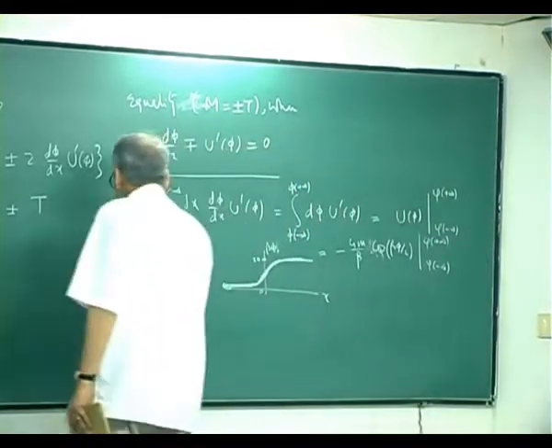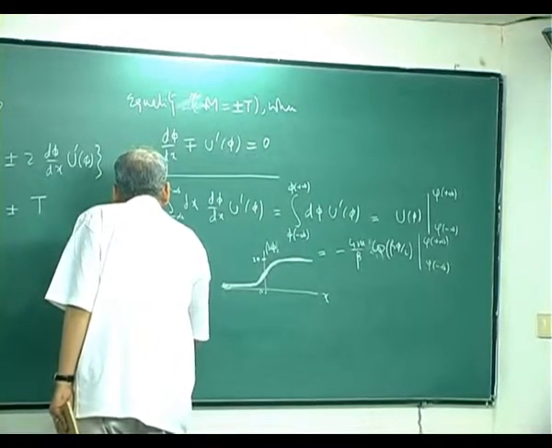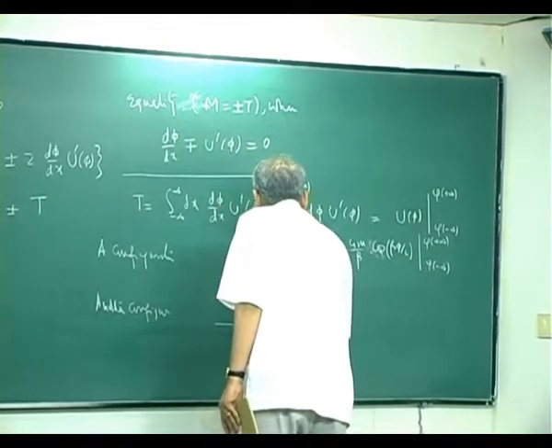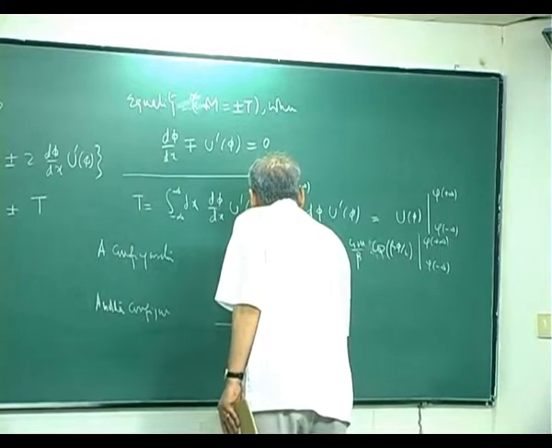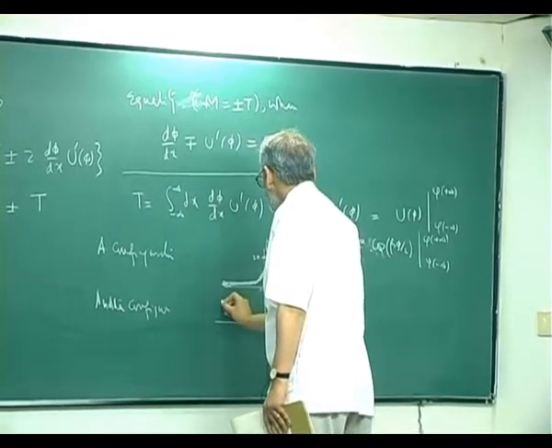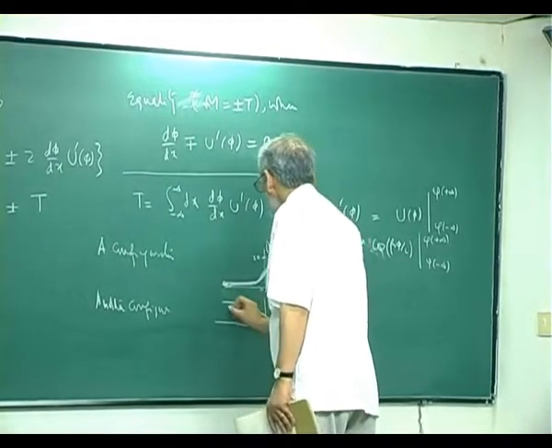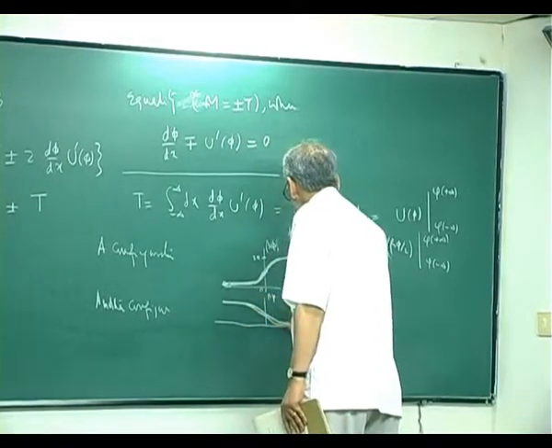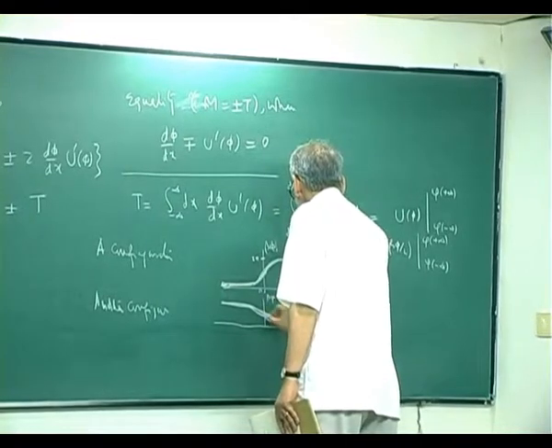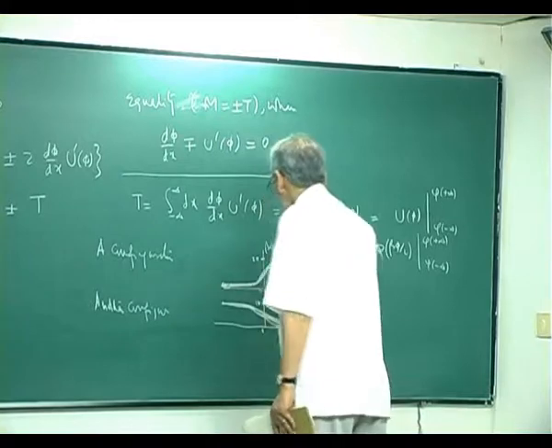Or another configuration, where at minus infinity the configuration is 2 pi and at plus infinity it's 0. So this is 2 pi, this is 0.